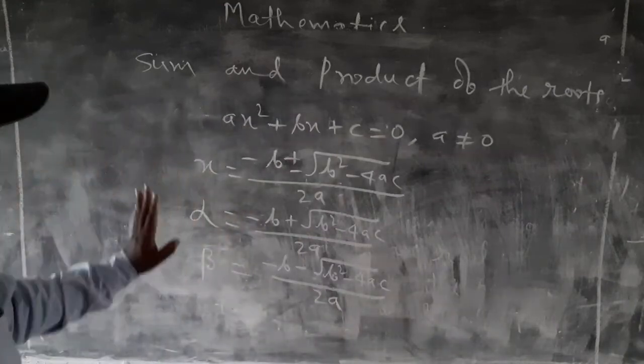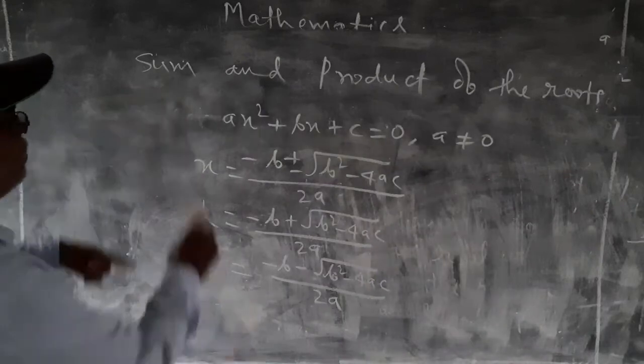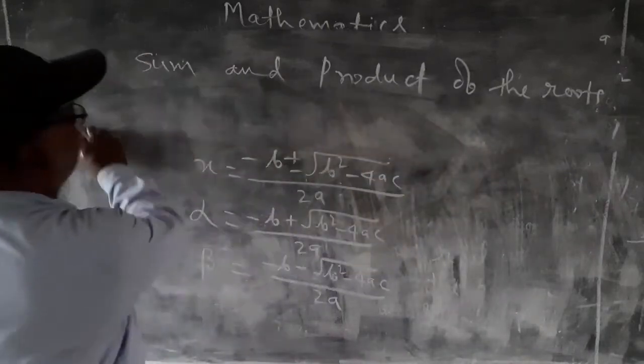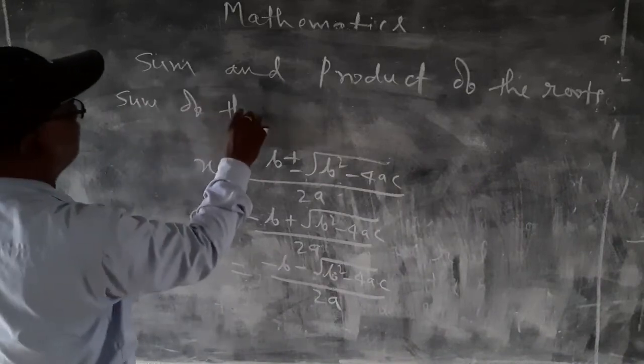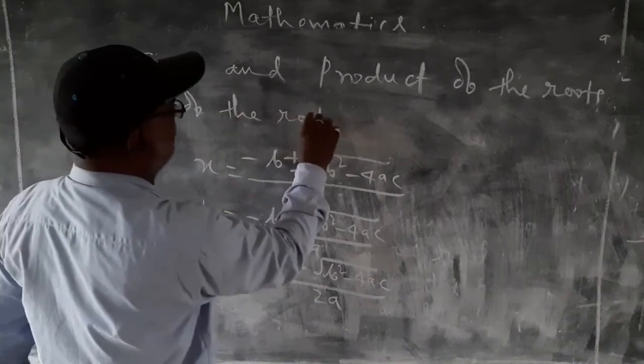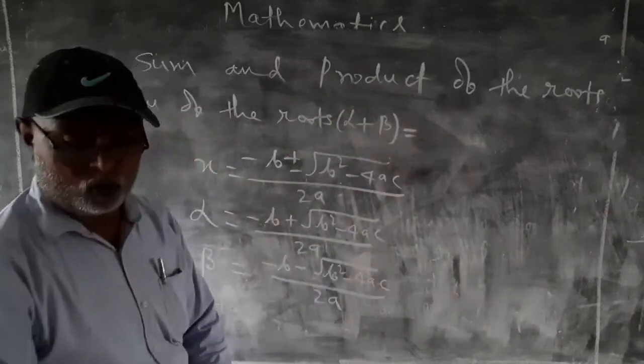If you add the two, alpha and beta, then you will get the sum of the roots. Now, sum of the roots, that is alpha plus beta. Now add the two roots.